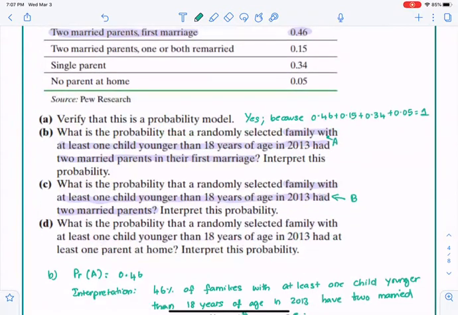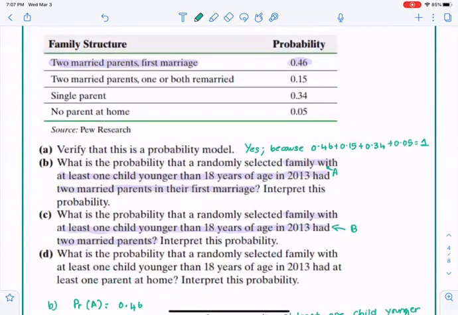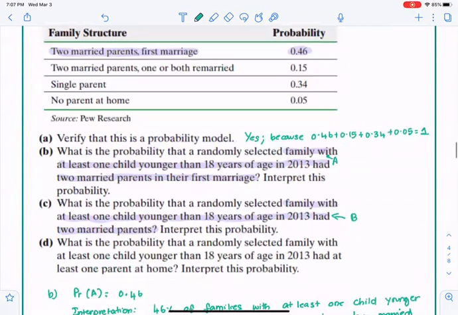If we have two married parents, I have two different cases. One is first marriage, and the other is one or both remarried. Both cases have two married parents.